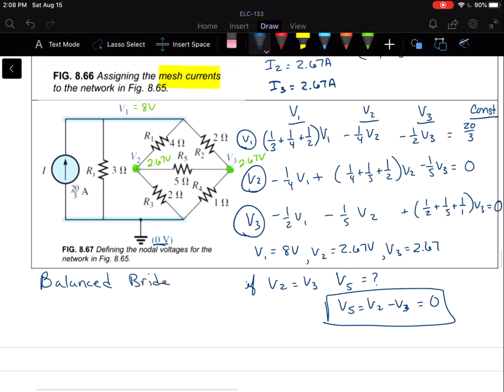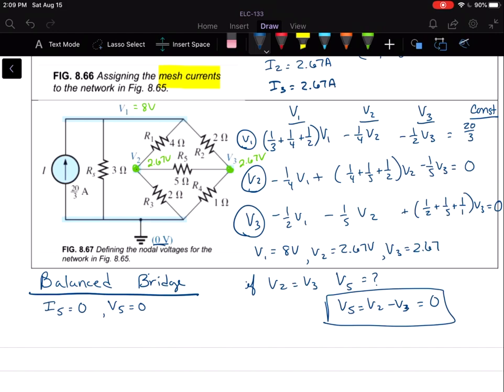A balanced bridge is when I5 is 0 and V5 is 0. So there's no voltage drop across that middle branch, and there's no current through it either.